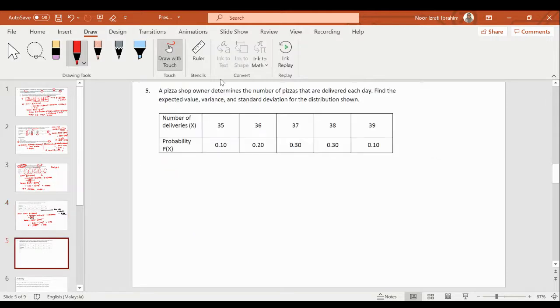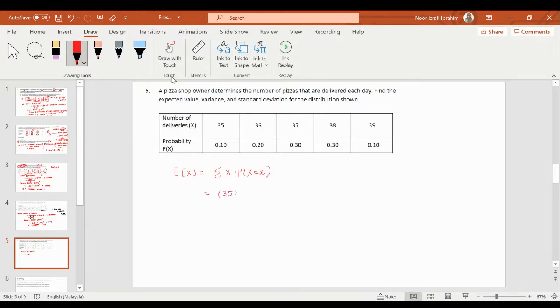Number 5, a pizza shop owner determines the number of pizzas that are delivered each day. Find the expected value, variance, and standard deviation of the following distribution table. So the X and the probability are given. So this one again, to find the expected value or mean, it will be summation of X multiplied with probability when X equals x.